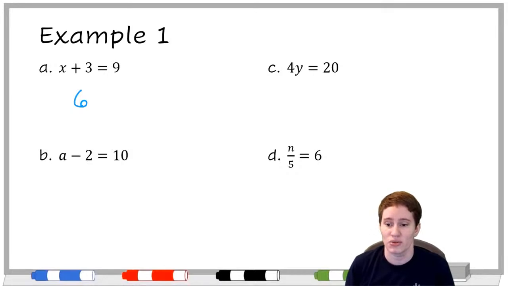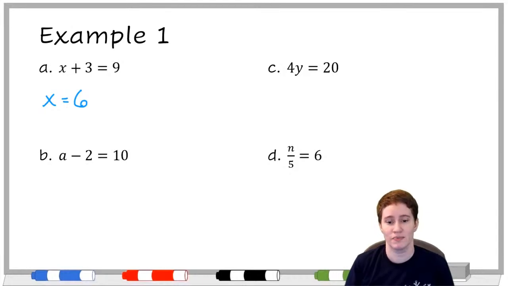We'll just go through the rest of these and see if we can do the same thing. Because it's an equation, we'd write x equals 6 to say, you asked me what x is, and now I've told you x equals 6. On B, a minus 2 equals 10. There's a number that we should be able to put here that when I subtract 2 from it, gives me 10.